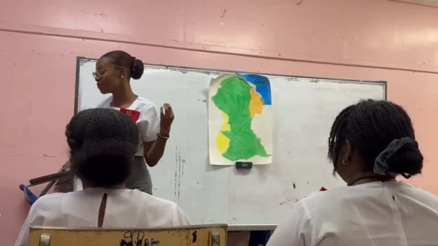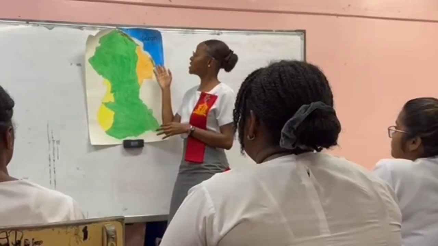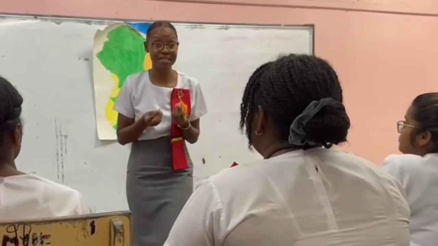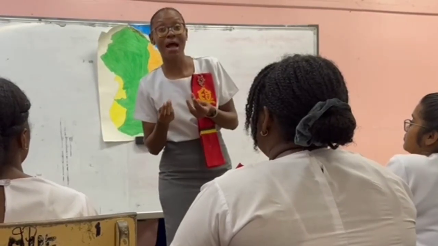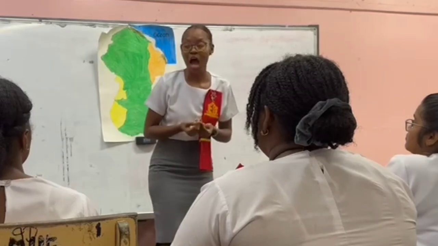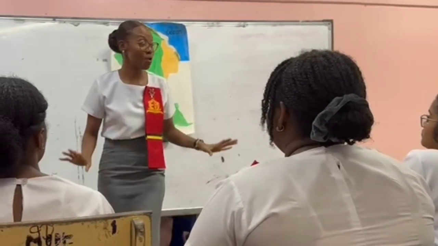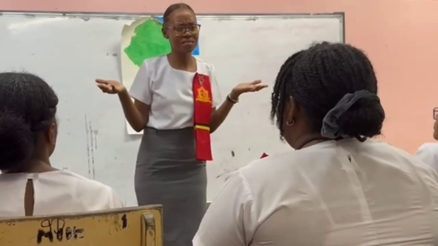Good. Another thing you should know about the low coastal plain is that we have a special soil type, and that soil is called loam and clay. We use that to help us grow our trees. And what do we get from the trees?